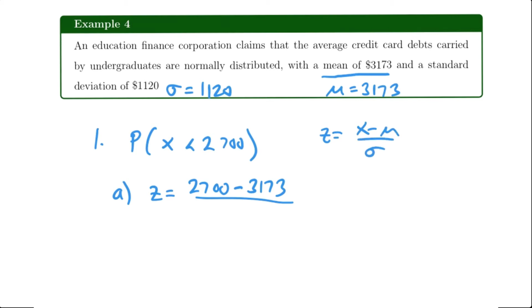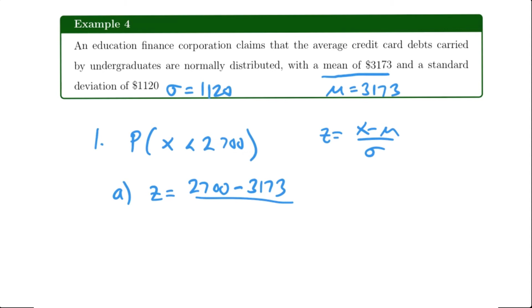So that's the formula to convert an X value to a Z value when you are only selecting one person. Now when you are selecting multiple people, a sample, more than one, it's going to look like this, where you have the X bar involved. Okay, so that's not what question 1 is asking.